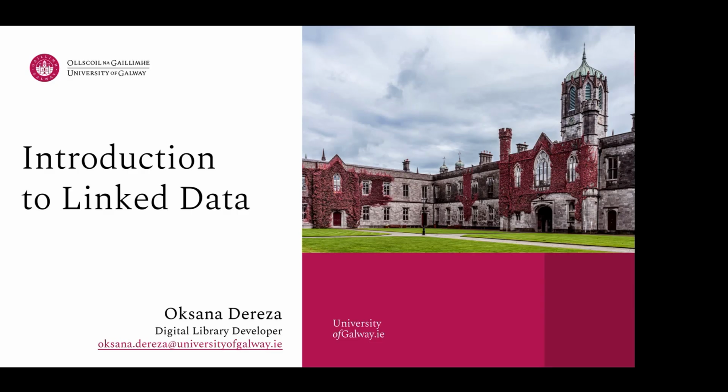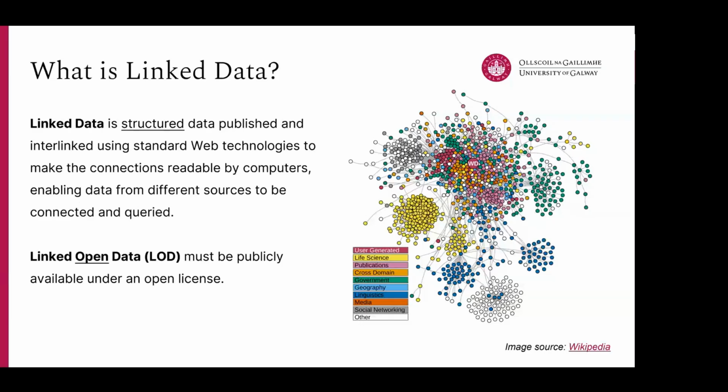So, what is linked data? Linked data is, as I said, structured data, which is interlinked with other data, so it becomes more discoverable, and you can query it with special semantic queries. Right?